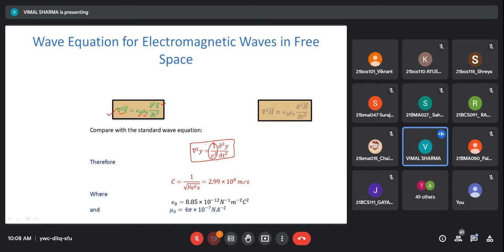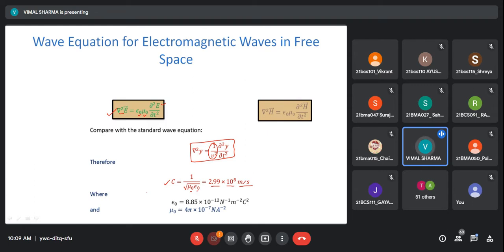So when we equate this standard wave equation with the wave equation for EM waves, we see that the velocity of electromagnetic waves in free space is the square root of 1 divided by mu naught epsilon naught. And these are standard constants, epsilon naught and mu naught, and when we put in values for these, we see that this is 2.99 into 10 raised to the power 8 meter per second, which is the speed of light through free space.